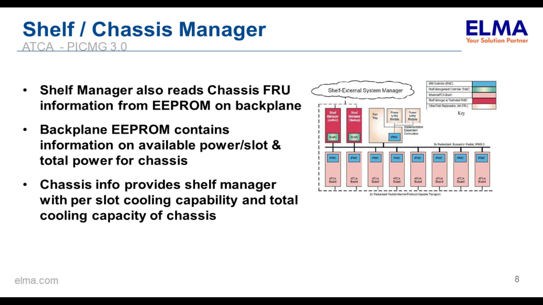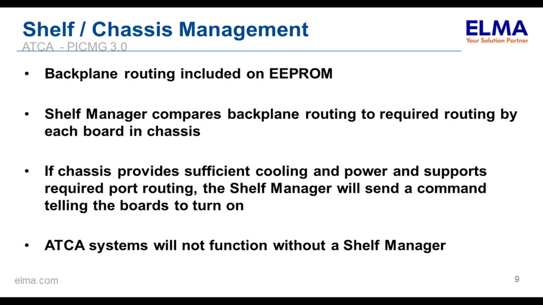So the shelf manager will then also read a chassis file, which is located on an EEPROM that's on the backplane. And so this EEPROM will tell the chassis manager how the backplane is routed. It will tell the chassis manager how much cooling it can provide per slot, and what the total cooling capacity for the entire chassis is.